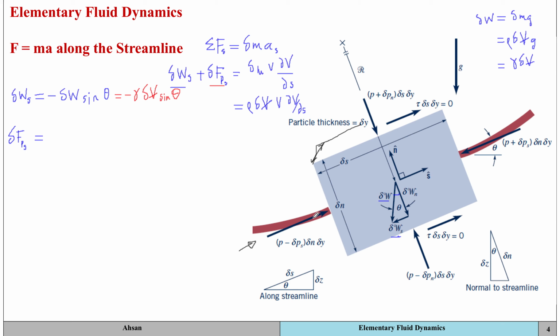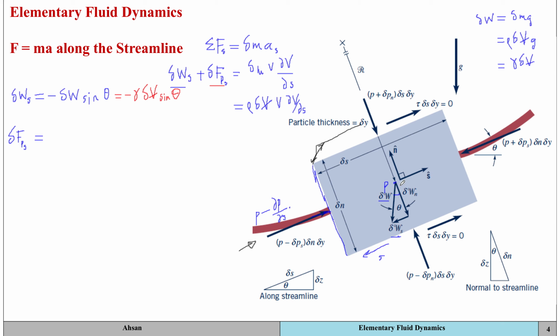If we're looking at this face, assuming that the pressure in the middle of this fluid element is denoted by P, then the pressure force at this face is going to be P minus the change in pressure that takes place as we move in this S direction, so partial P by partial S, multiplied by the distance that we've moved.